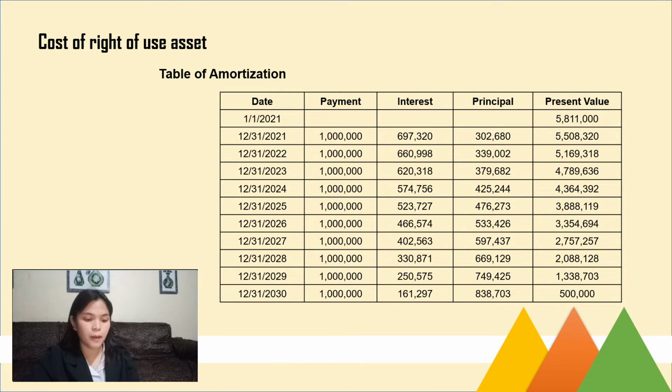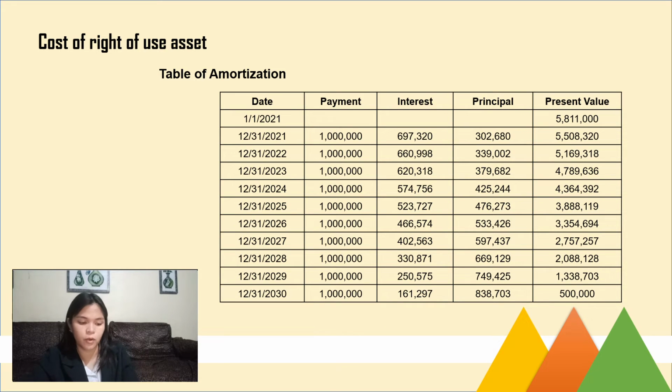Then, the principal is equal to the payment minus the interest. So, on December 31, 2021, yung 1 million minus 697,320 is equals to 302,680.